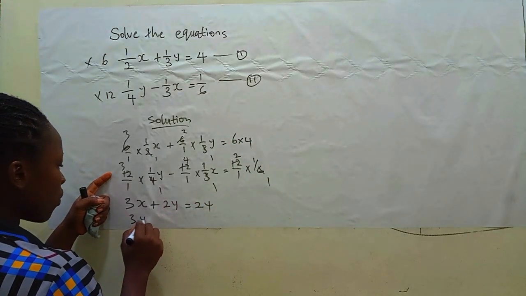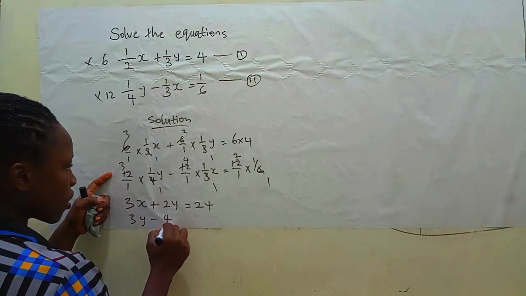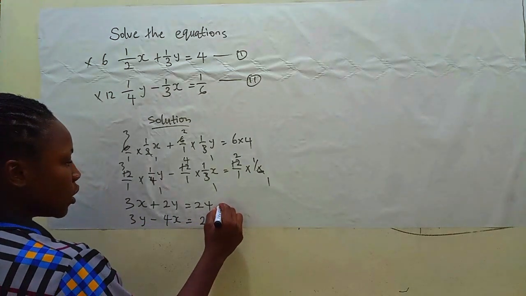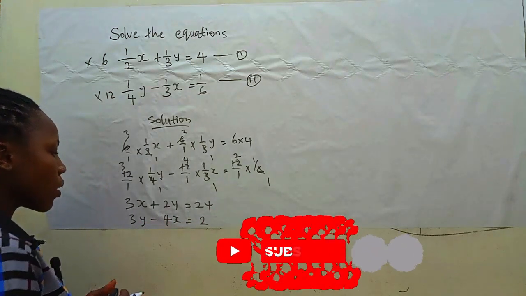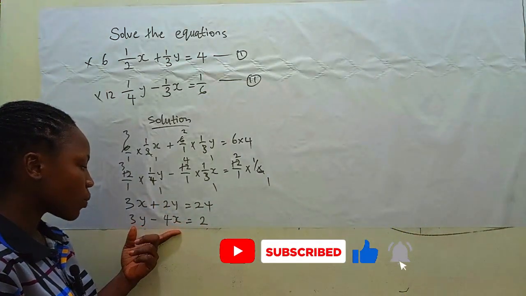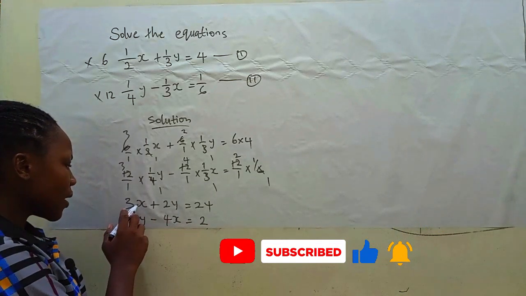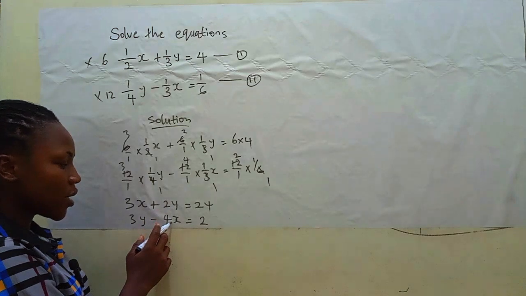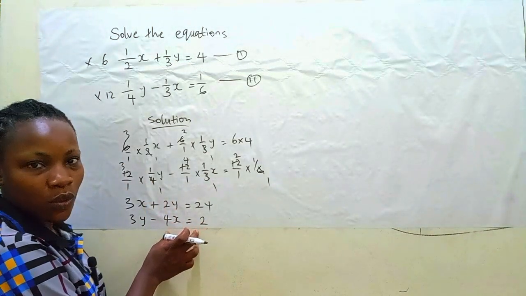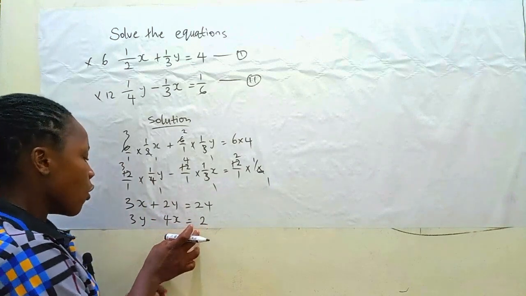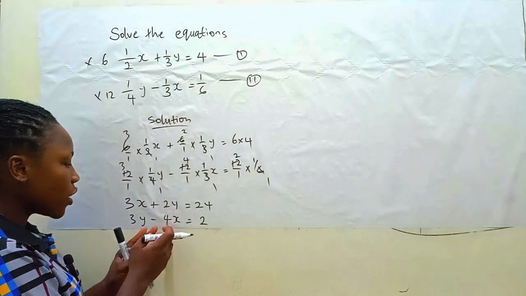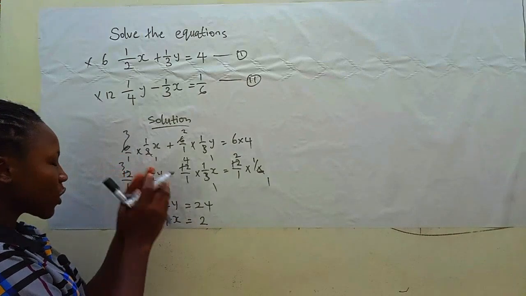Here we have 3y minus 4x equals 2. Now look at this last equation: here is x, here is y, here is y, here is x. So we have to rewrite this last equation for us to have x and y in the same order.